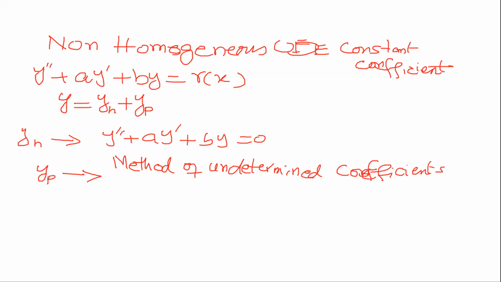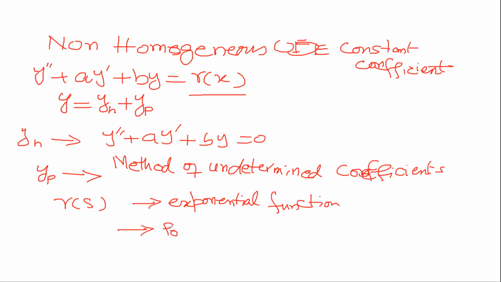We will only consider some specific cases of y p depending on the type of r of x. Most cases for r of x involve the exponential function and the polynomial function.